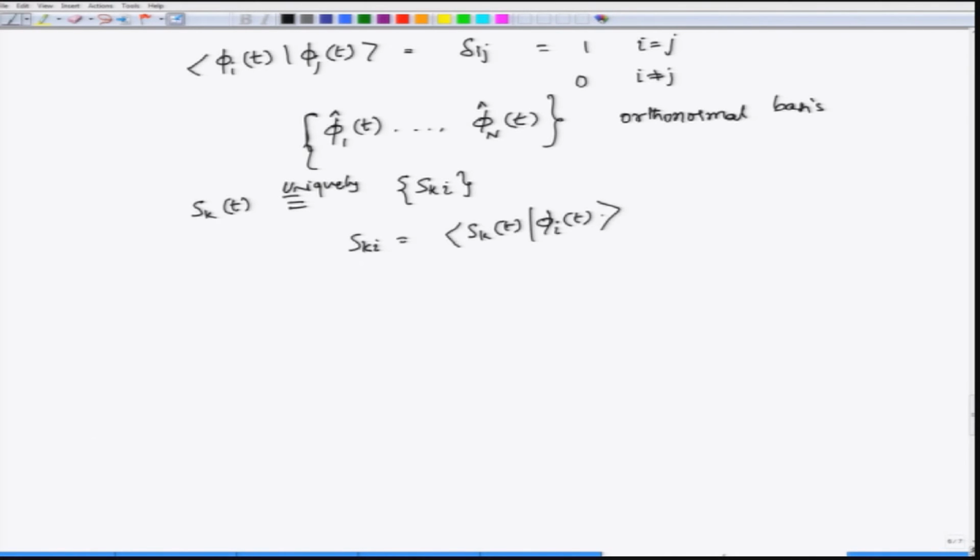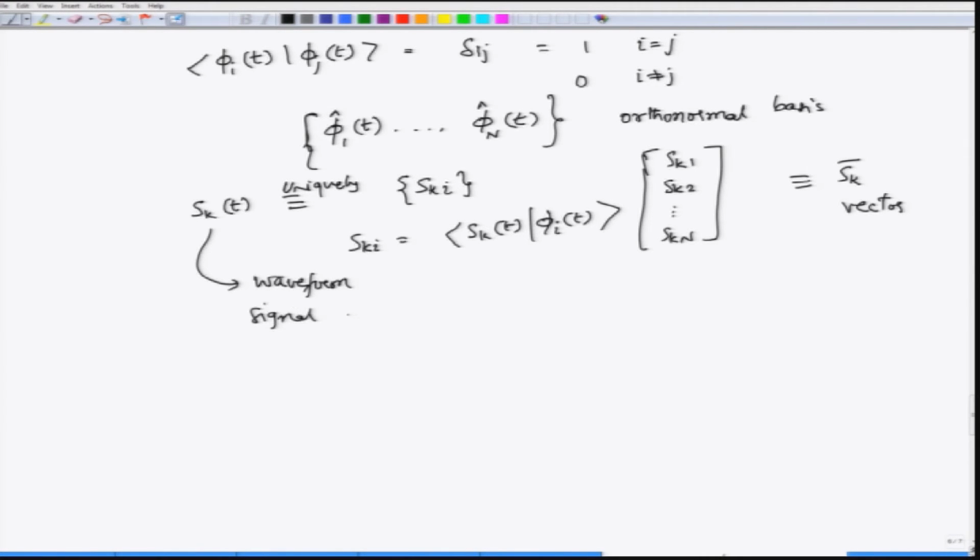The set of Ski would be Sk1, Sk2 all the way up to Skn. If I arrange them in the form of a column vector, I can write this in shorthand notation as Sk bar, which will now be a vector. So, Sk of t is a waveform or a signal which has now been represented as a vector.